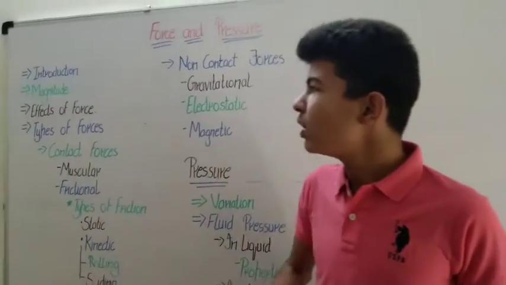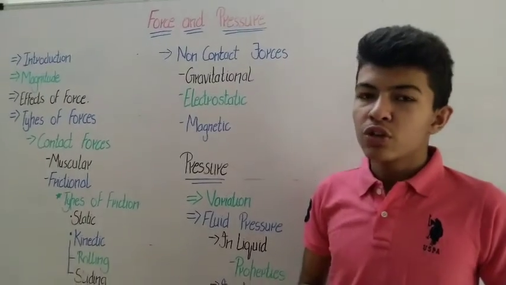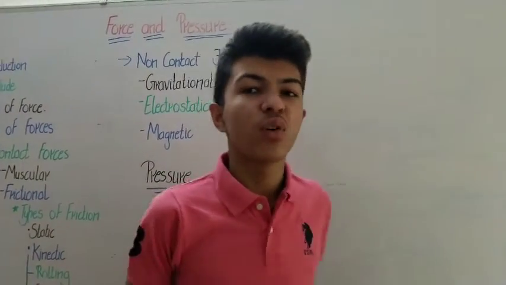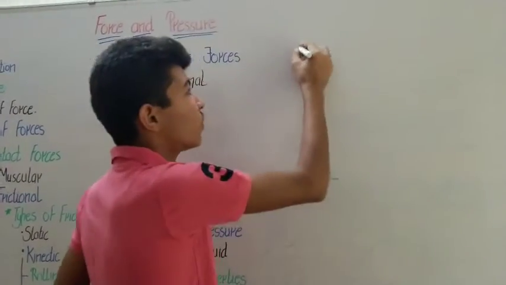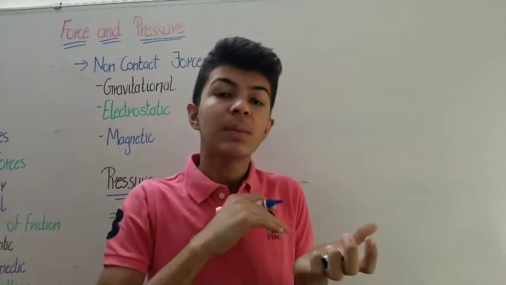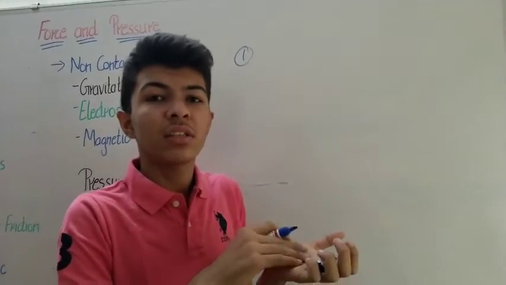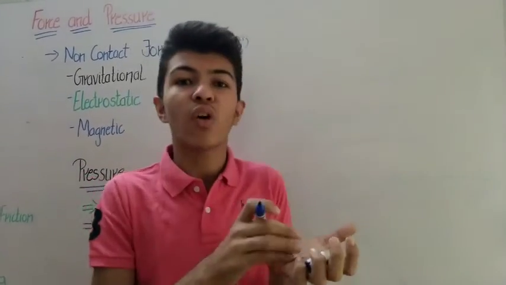So now let's move to the effects of forces. What all can a force do? There are mainly 5 effects of a force. The first effect is, if I have a body, that is a ball, a force could change its state of motion.